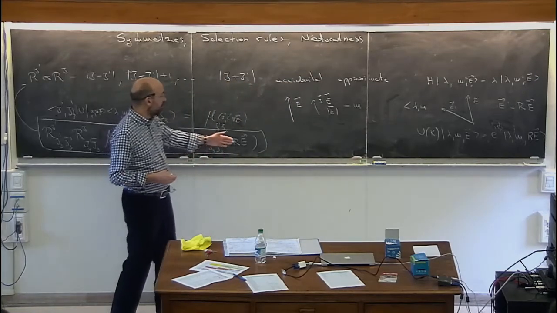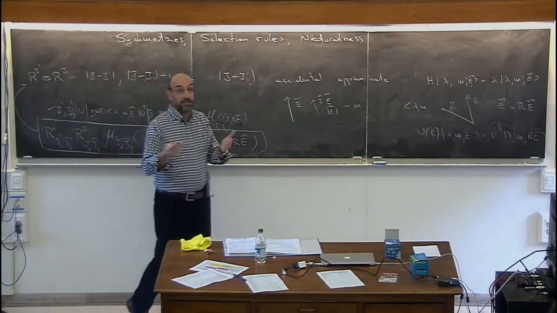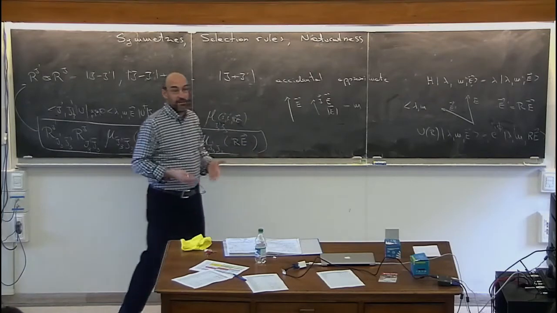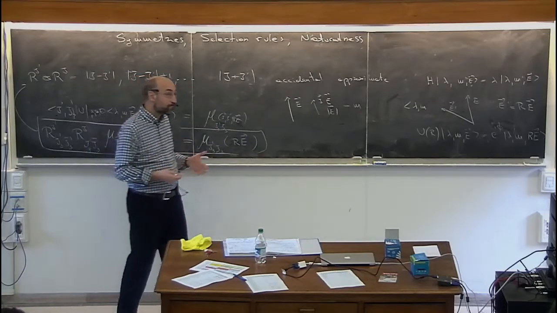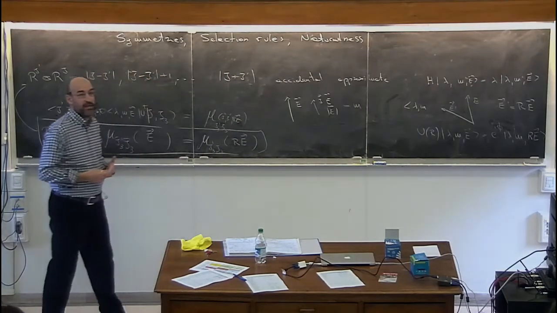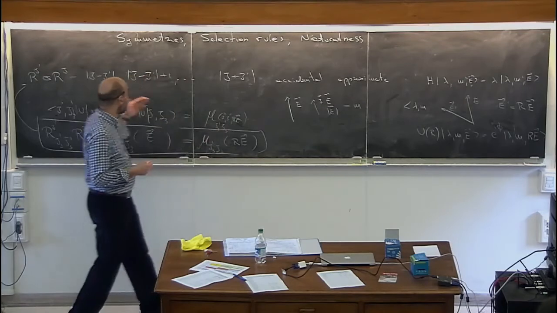If you take one power of E, you have J equal 1. If you take two powers of E, you will have J equal 2, 0 and 1. Actually, 0 is not there because of antisymmetry. So if you have n powers of E, you'll have up to J equal n, and this transformation should match what you have here.